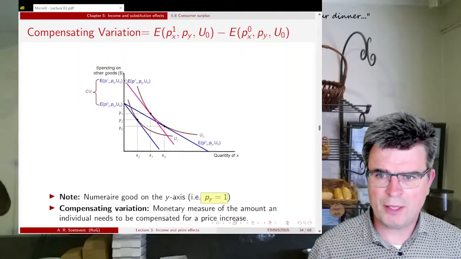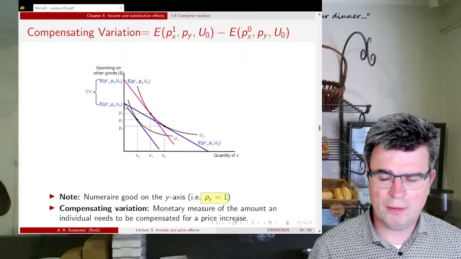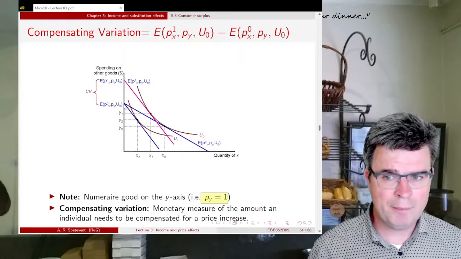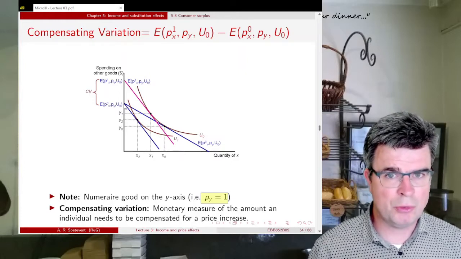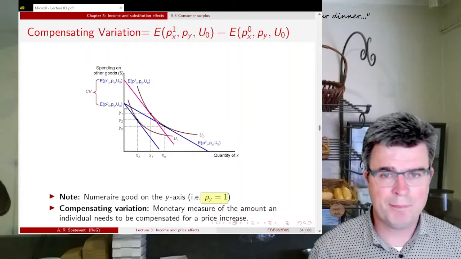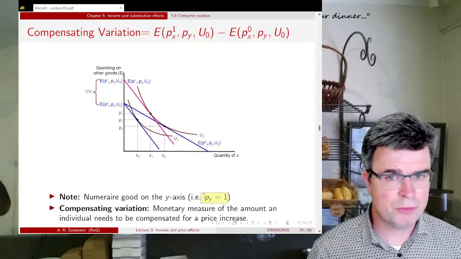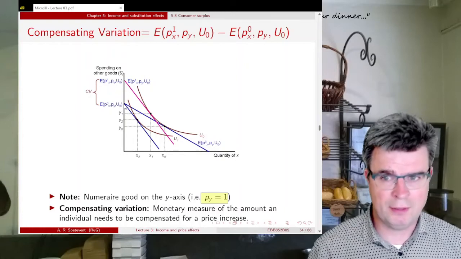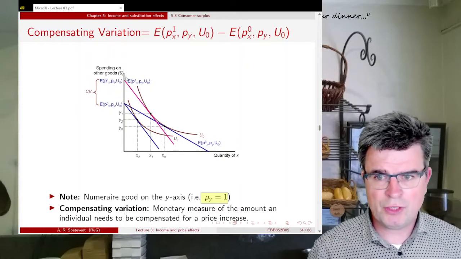Now, we have a numeraire good on the y-axis. So now suppose that if we would spend all of our income on good Y, and that would enable us to buy 10 units of good Y, it's a numeraire good, so the total expenditures would then be equal to 1 times 10, which is 10. Now we've shifted outward.